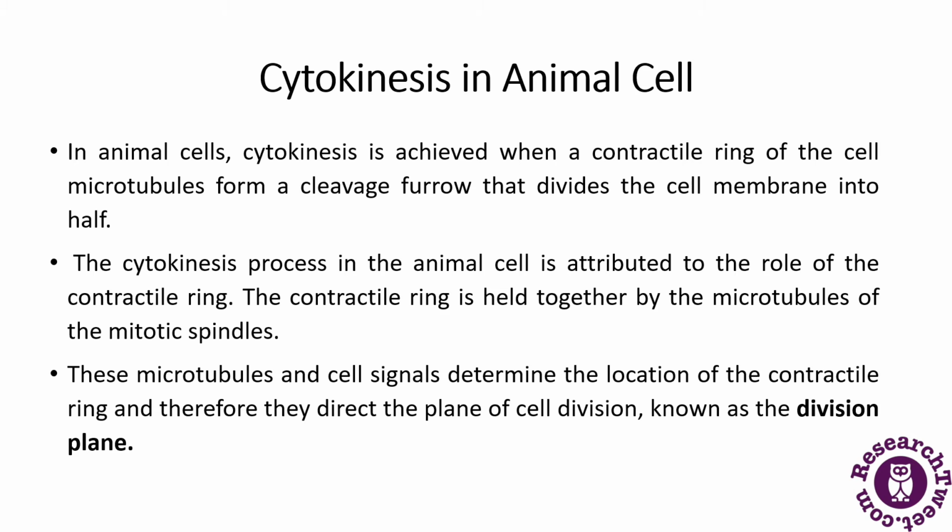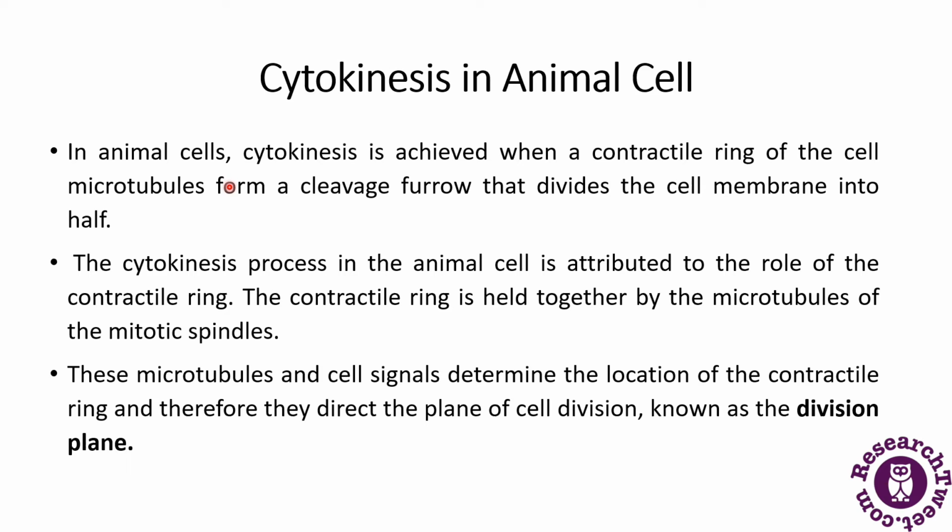So what happens in the animal cells? In animals, cytokinesis is achieved when a contractile ring of microfilaments forms a cleavage furrow that divides the cell membrane into half. So the ring divides the cell membrane into two parts.